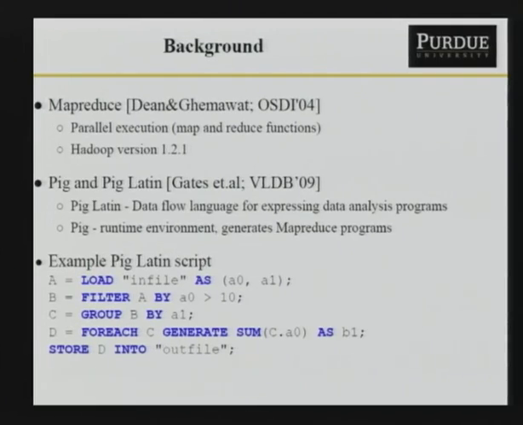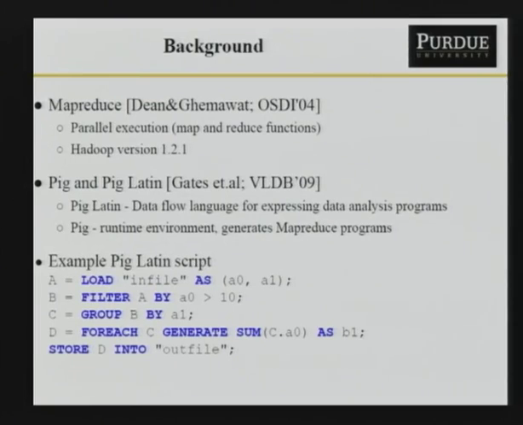Apache Pig is a data flow language which ultimately transforms into MapReduce jobs. And it comes in two parts. So you have the Pig engine, which does this transformation. And then you have the Pig Latin language, which expresses big data analysis jobs in a simpler manner.